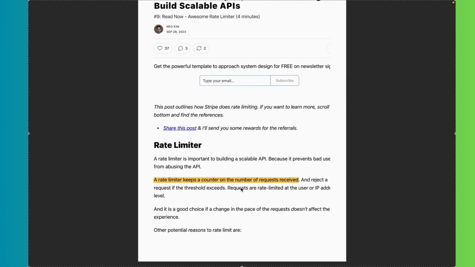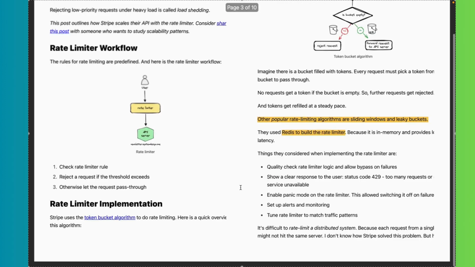Let's say you have a threshold that my API should not be called more than 10 times per minute. You can implement a rate limiter so that the 11th and later requests are denied. That's what a rate limiter is by definition.